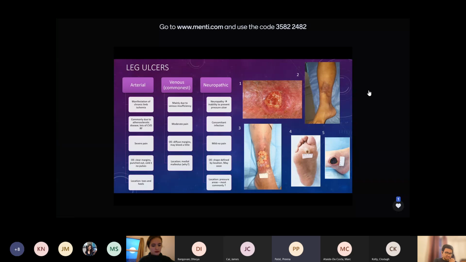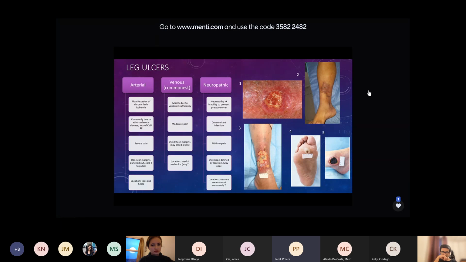Okay, so what if I was to tell you this is somewhere around the ankle on the shin? No, so this one's actually arterial, but good guess. It could be one or the other. So number one is arterial.